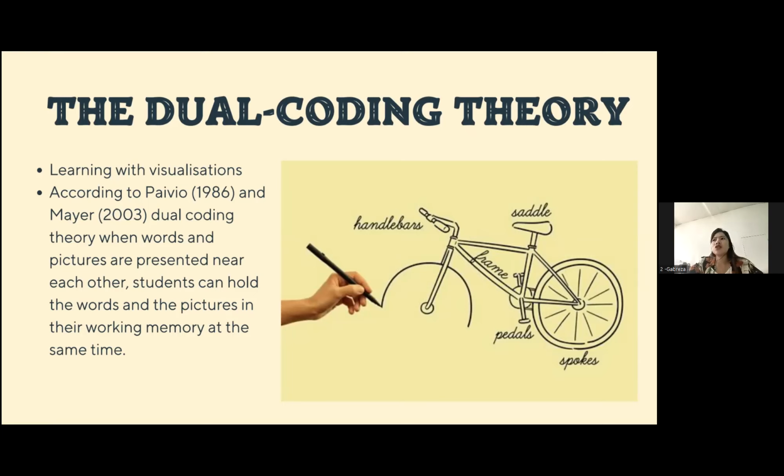So when we are teaching students, giving them the image without the words does not mean that they will understand easily. But by the use of this theory, this will help students to easily understand the concepts you are trying to emphasize so that students can work with their memory.